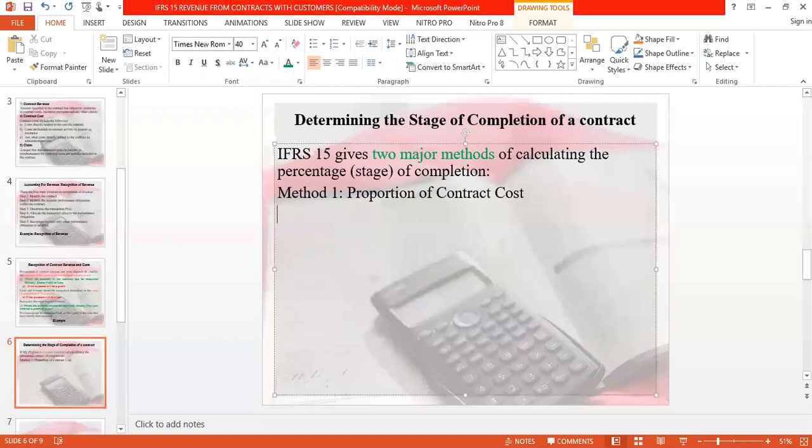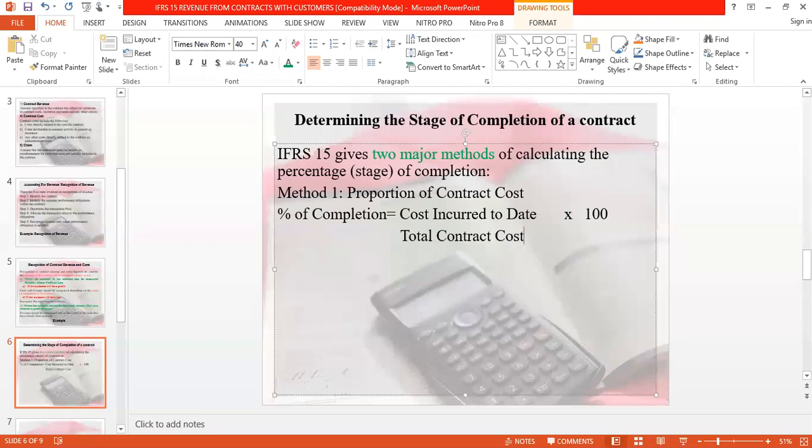So here, percentage of completion will be equal to cost incurred to date. You remember the 320 in the question we did? Cost incurred to date, times 100, because we want to get a percentage, over total contract cost.